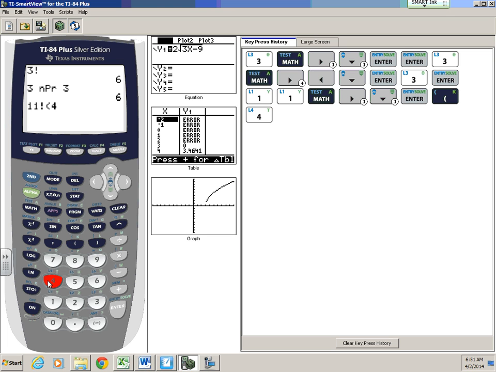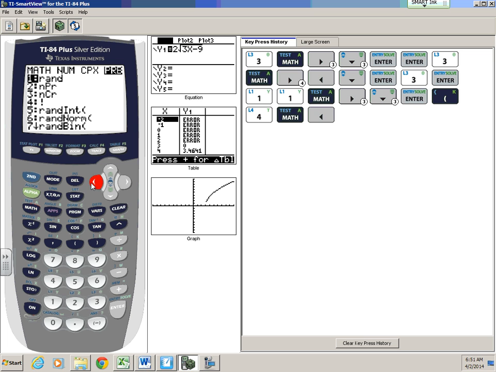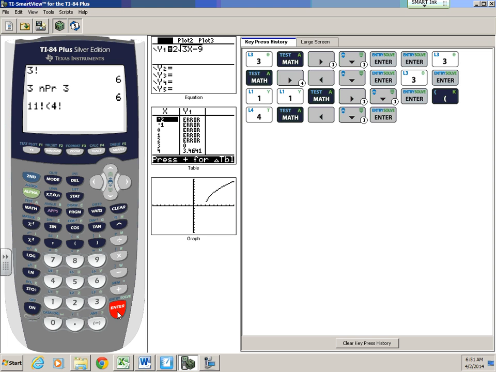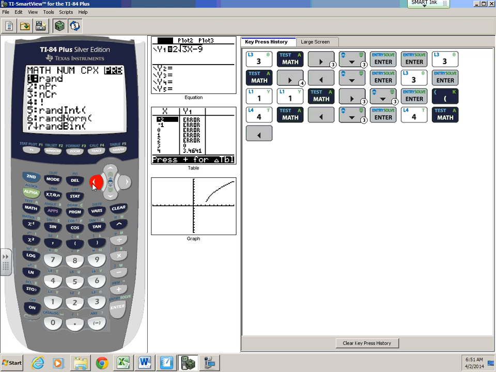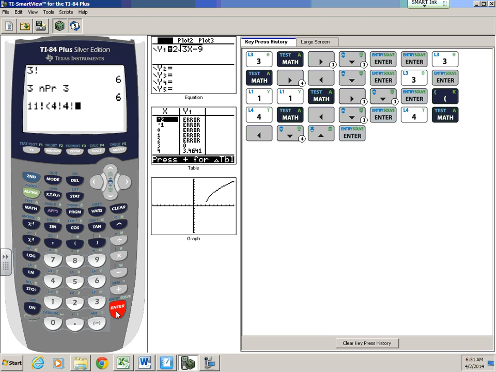Then you do 4 factorial, 4 factorial again, and then 2 factorial.